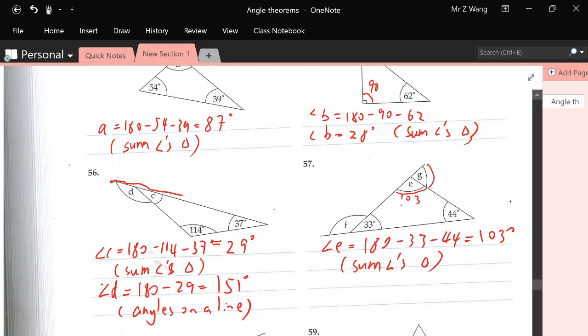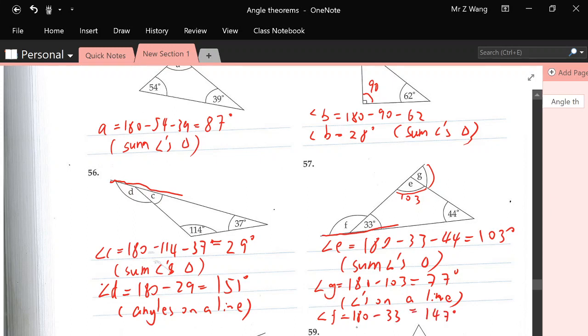Because this is 103, angle G is 180 minus 103, which is 77 degrees. Now, the reason is angles on a line. This F can be figured out directly using this straight line, right? Angle F is 180 minus 33, which is 147. Again, angles on a line.